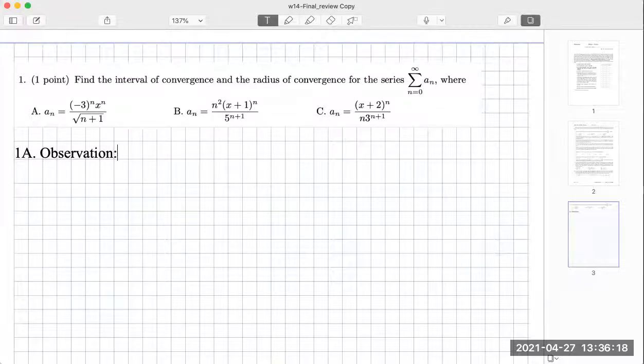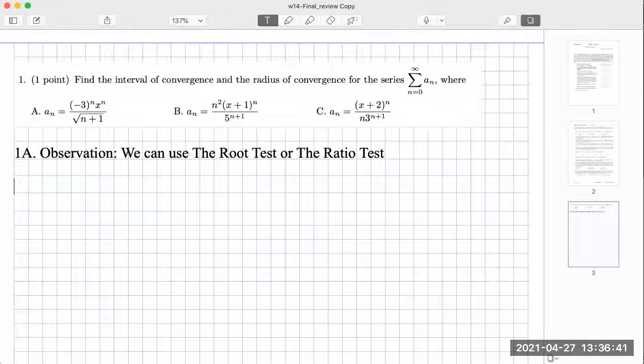First, the root test, or what else? The ratio test. Okay, that is what we observed.